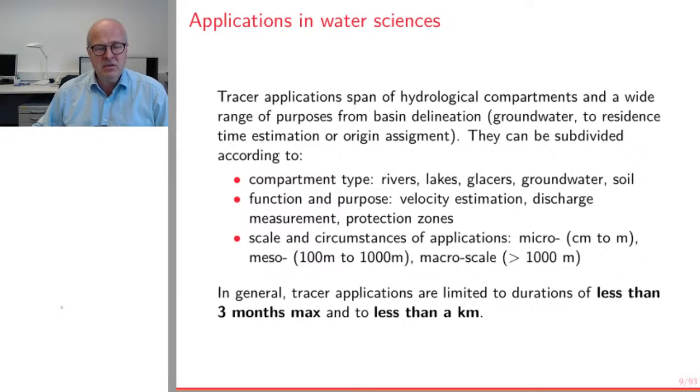But in a practical context where people wait for results, never. So you should only do a tracer experiment if you expect a complete result within 3 months. Otherwise, I would use environmental tracers and tell the customer I would use another methodology. This is probably not going to work.